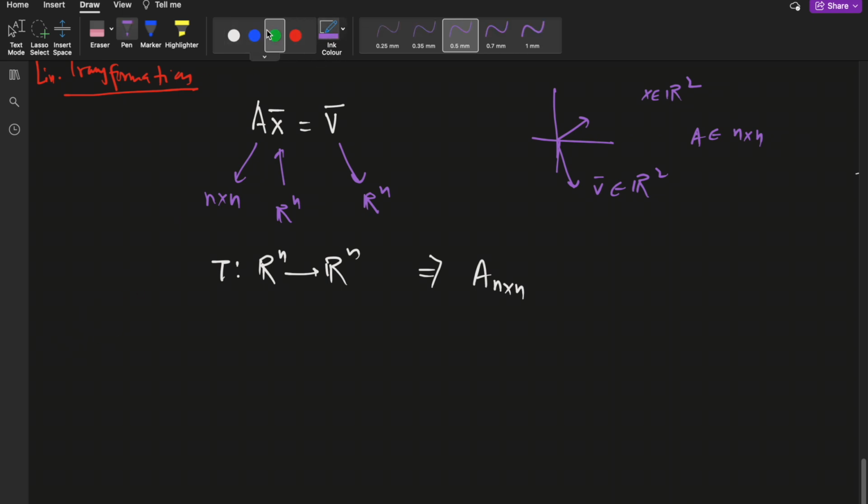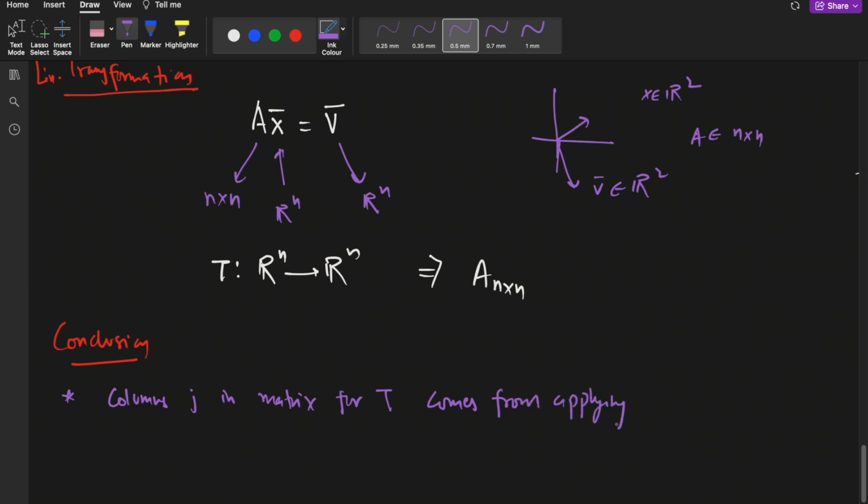The conclusion: the first point is column j in the matrix for linear transformation T comes from applying T, that is the linear transformation, to the input basis vector e. Right?